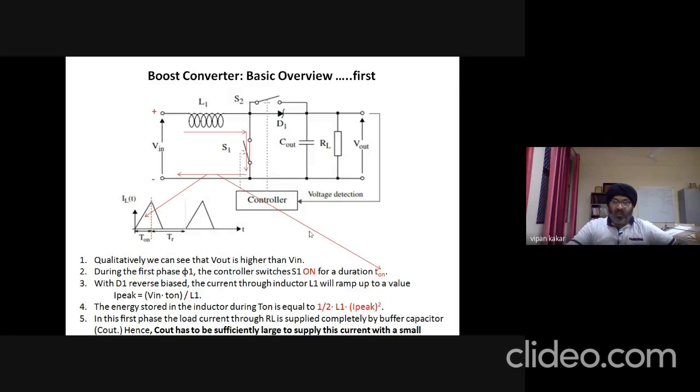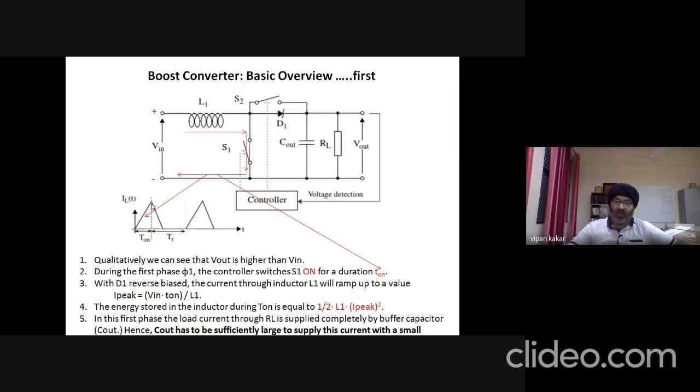During this phase 1, when the switch is on for this particular time, T on, the current starts to ramp up in this inductor as shown by this part of the waveform, till it reaches the maximum value of the current, which is called I peak.